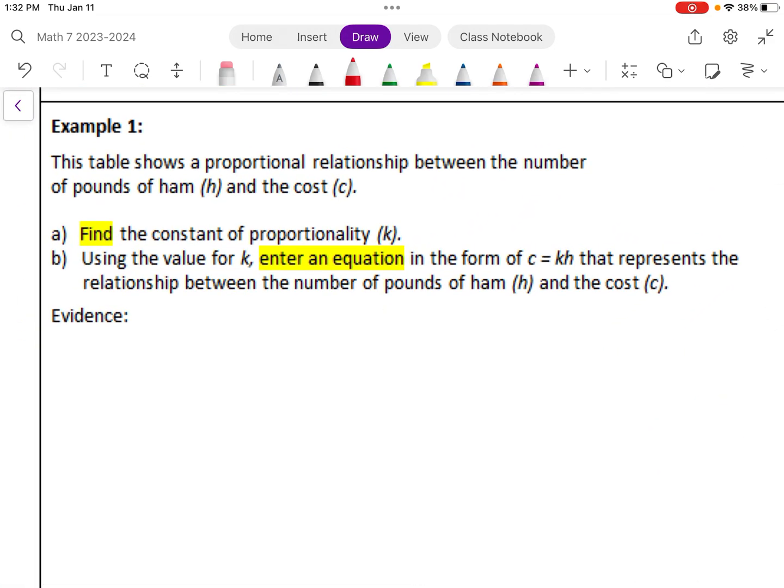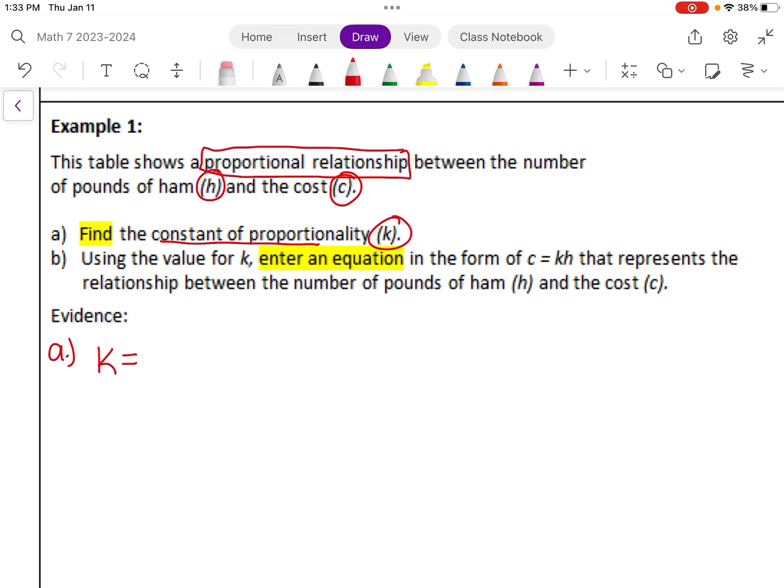Example 1 says, this table shows a proportional relationship. It's already telling us it's proportional, so we don't have to figure it out, between the number of pounds of ham, which they name H, and the cost, which they name C. First, they want us to find the constant of proportionality, which they name K. So we've got to find K. K is the same thing as the constant of proportionality, aka the unit rate.